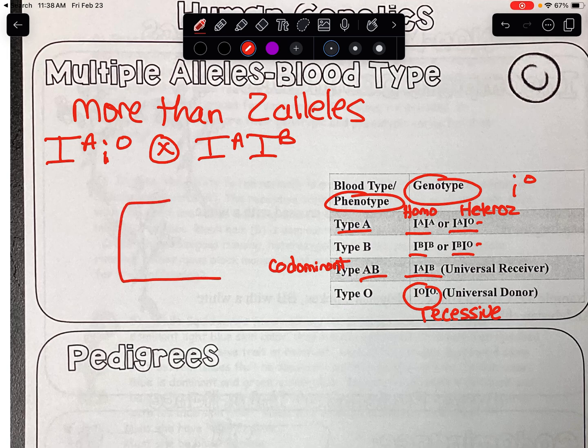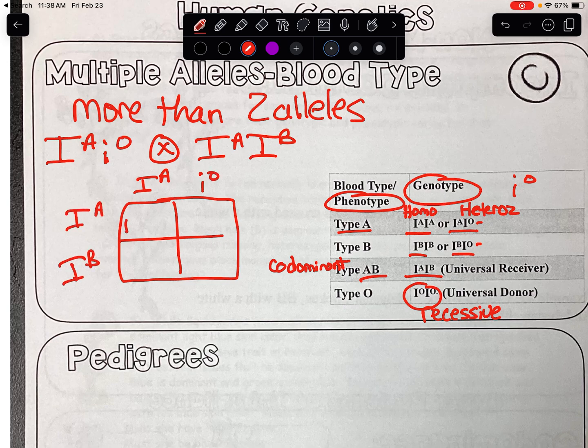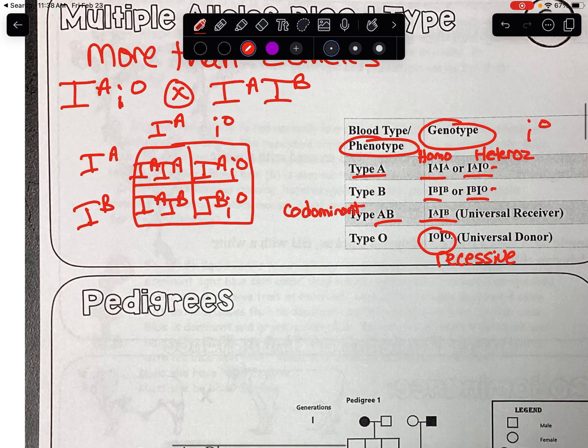So when you do your Punnett square, and then you tally up what you got. I got 1 out of 4, IA. And yes, you have to have the I's. IA, IB.